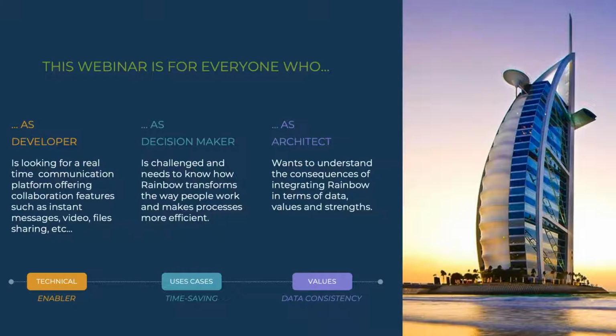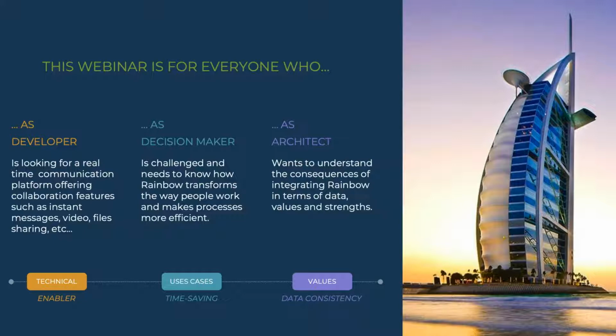And secondly, I built this webinar for decision makers because I will give you the opportunity to see what the interests are of moving to the Rainbow API, and how applications based on Rainbow could save time for you and your end users or end customers, and also make them happier and more efficient.